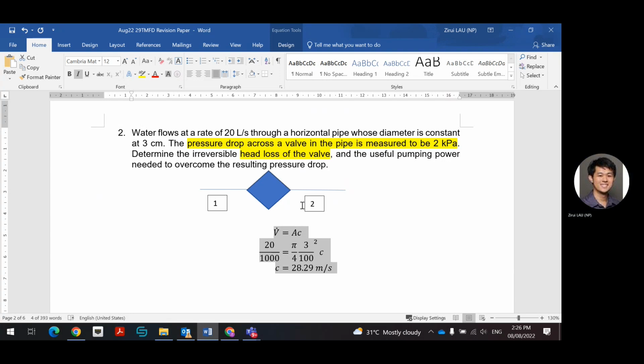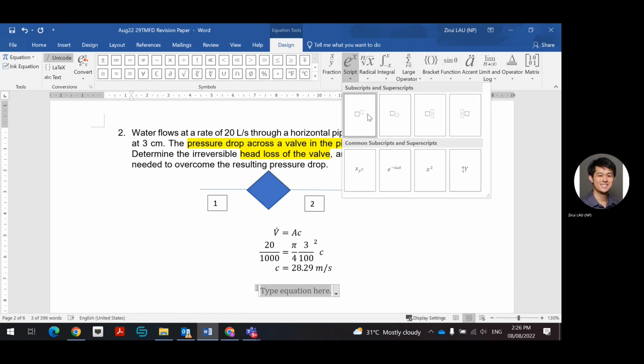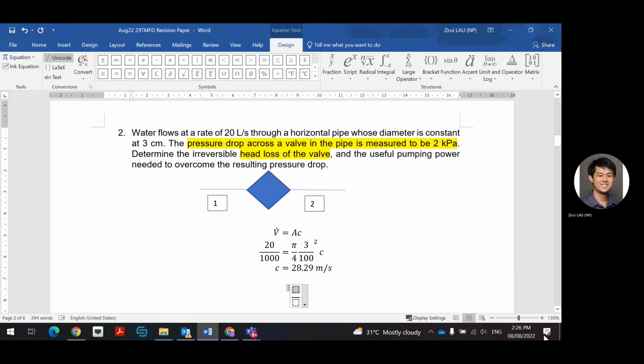Three over 100, squared. Yeah, I better put a bracket here in case.